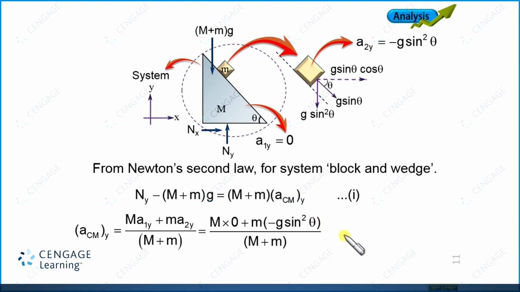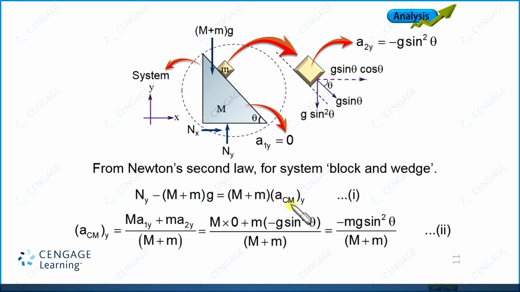So this is equal to minus m g sine square theta divided by capital M plus small m. As we discussed previously, the acceleration of the system should be in the downward direction. So our assumed equation, that is Ny minus capital M plus small m multiplied by g equal to this one, can be finally written with the sign changed. So we got the acceleration of center of mass.